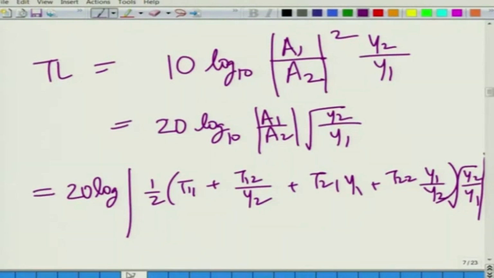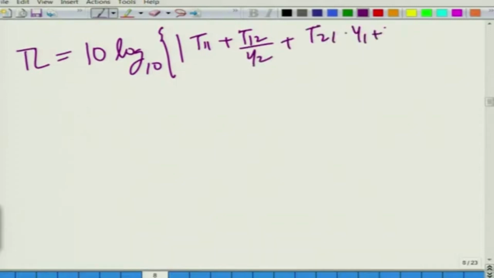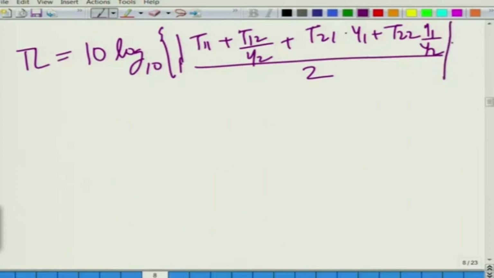What we probably could do is get this thing in the following form: T11 plus T12 by y2, y2 plus T21 into y1, and this is y1 by y2, and this entire thing is divided by 2, and this is y2 by y1, square.